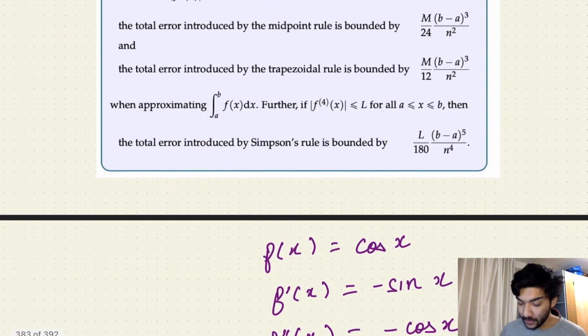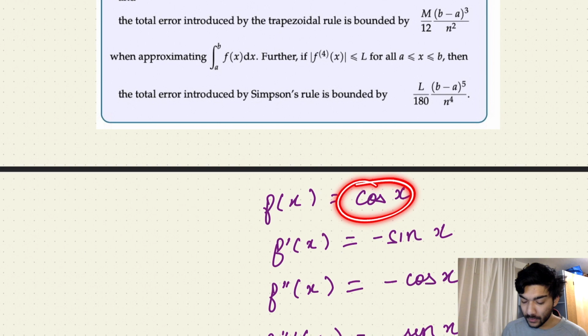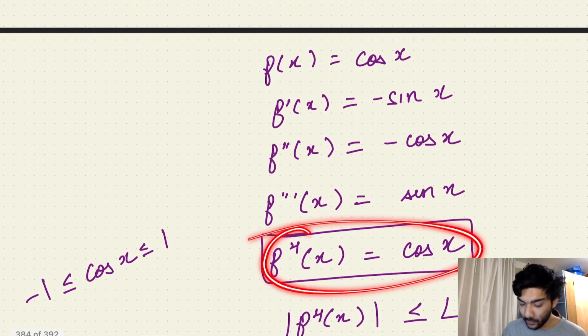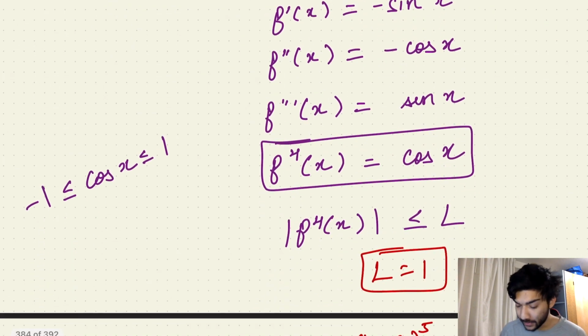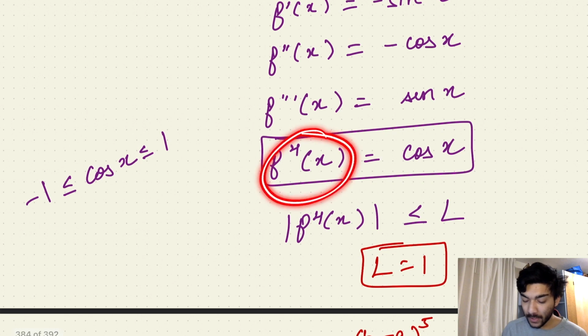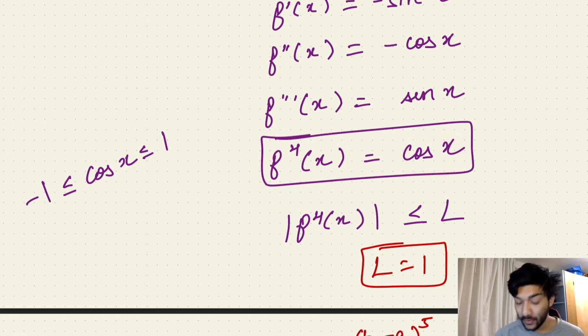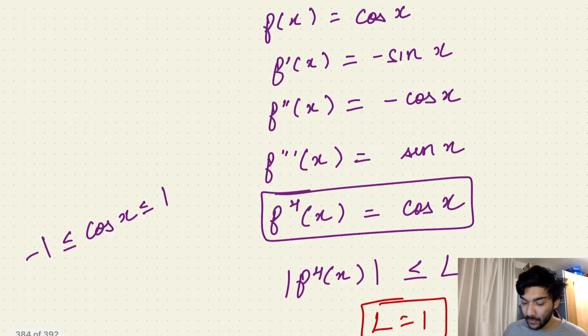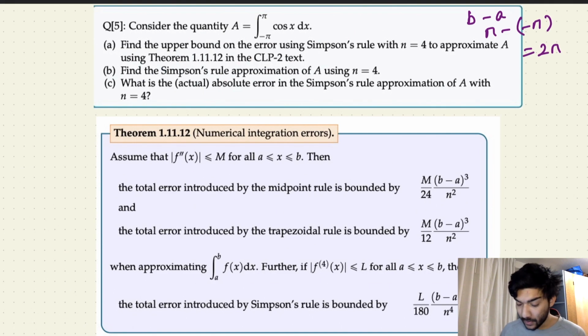Just like we did in this question, since our f(x) was cos x, our fourth derivative also became cos x, and we already knew the maximum value of cos x, which is 1. So that is why we concluded our L to be 1 and then solved the rest of the question.